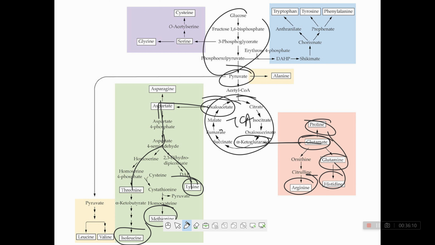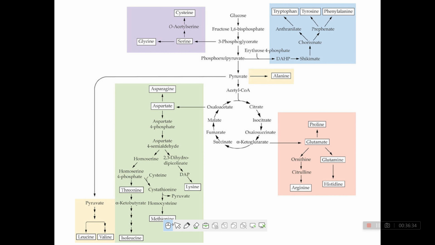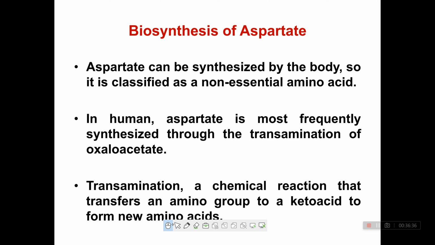From glycolysis, pyruvate gives alanine, leucine and valine. Phosphoenol pyruvate gives tryptophan, tyrosine and phenylalanine, and 3-phosphoglycerate gives glycine and cysteine. So these are the pathways of amino acid biosynthesis.